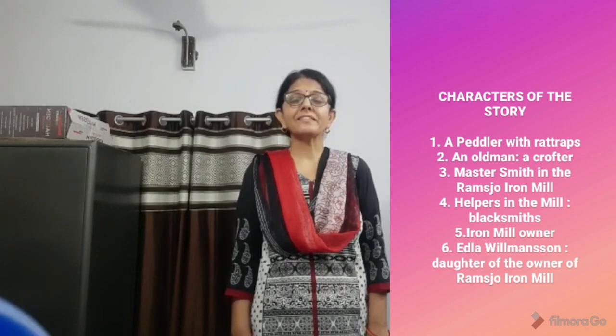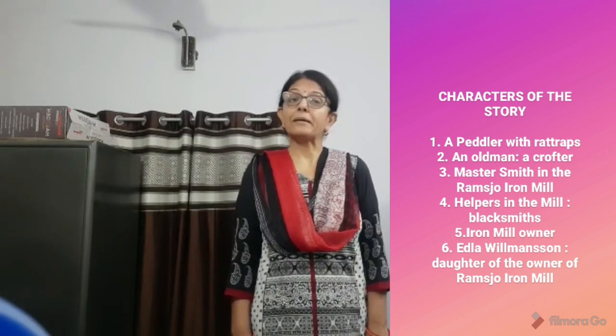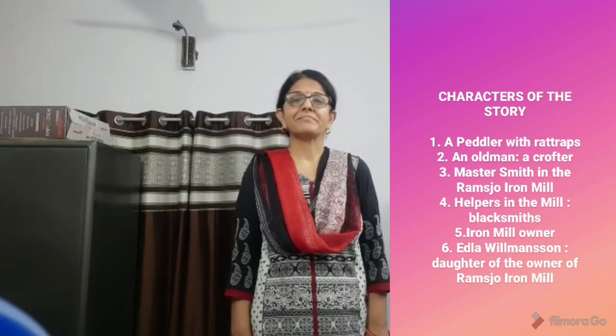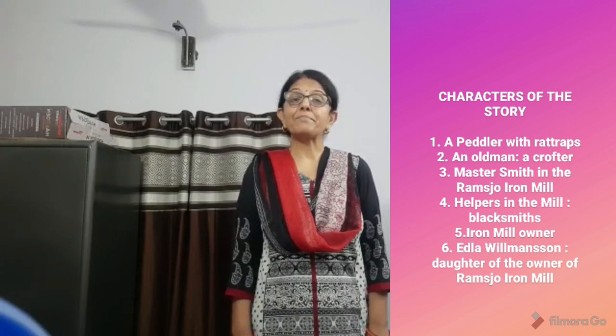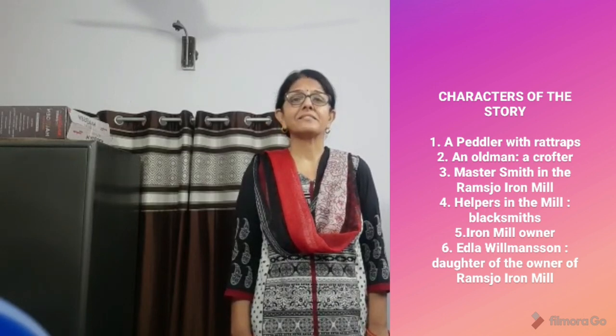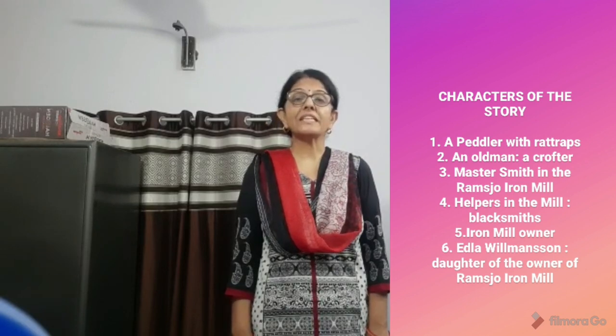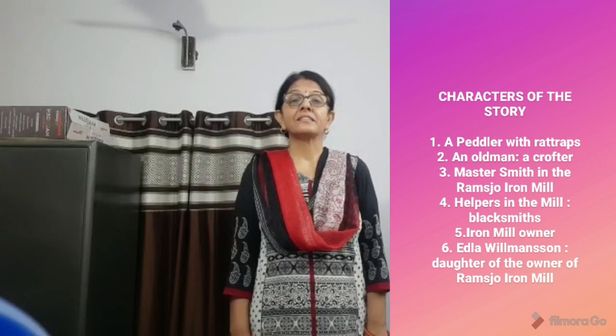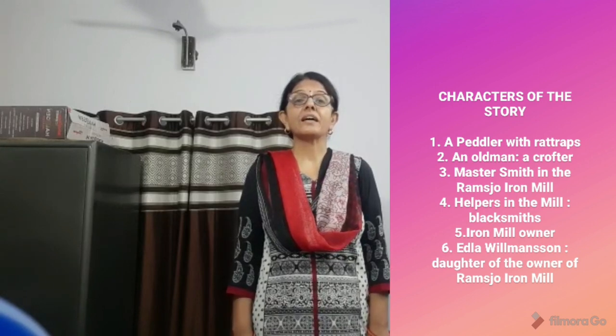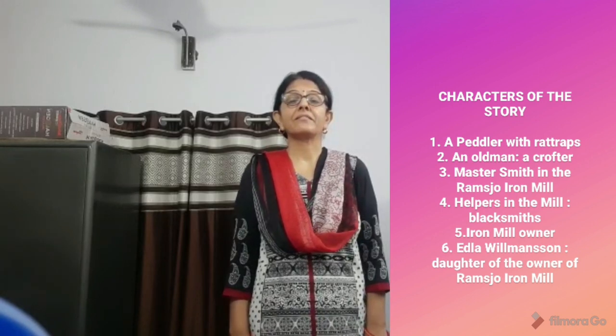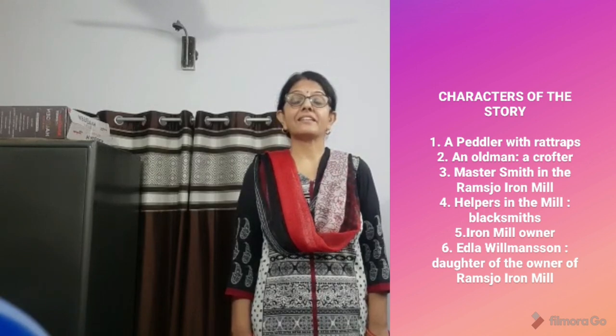Head smith means the head of the blacksmiths. Then some blacksmiths who used to work in the iron mill. Then the owner of the iron mill. And at last, Edla, who is the daughter of the owner of the iron mill.